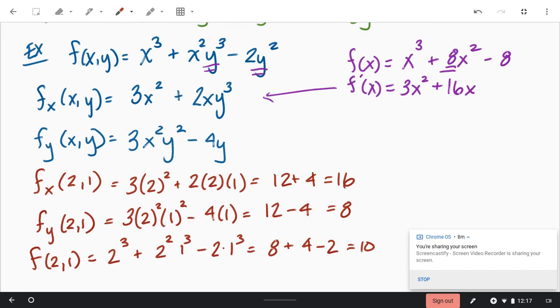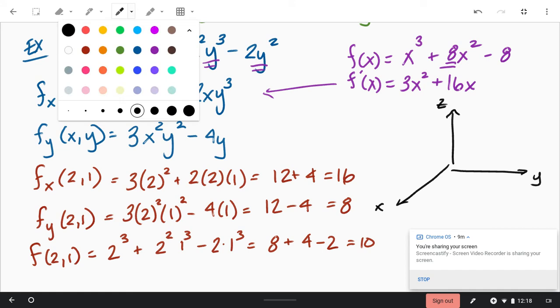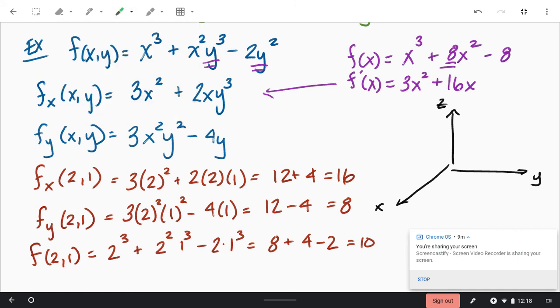Basically what those three pieces of information tell me is that we have a point at (2, 1, 10), maybe up here.